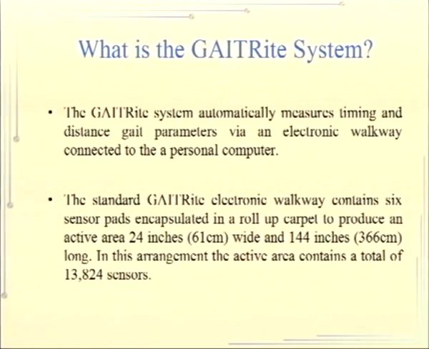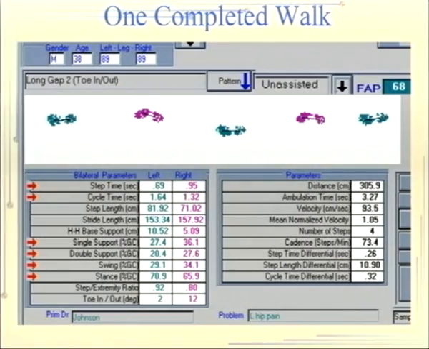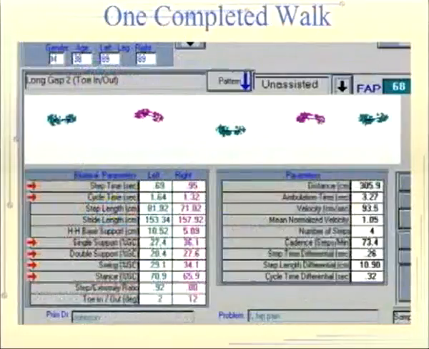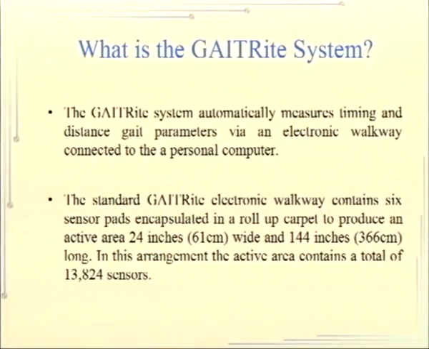For those of you that didn't see it, it's an electronic walkway that contains 6 sensor pads in a roll-up carpet. It provides an active area of about 2 feet wide and anywhere from 12 to 14 feet long, and in the standard setup it contains about 13,000 sensors, which are very sensitive switches.